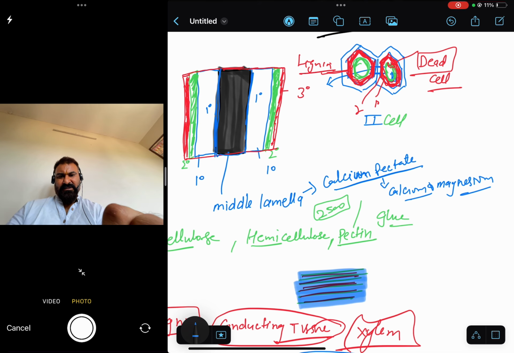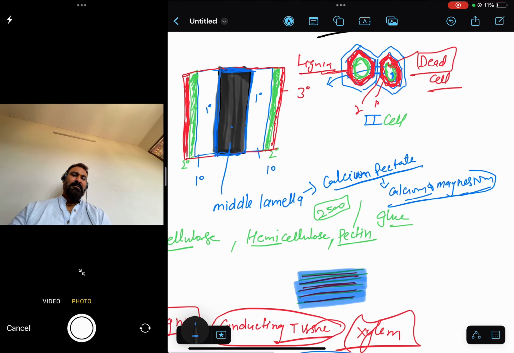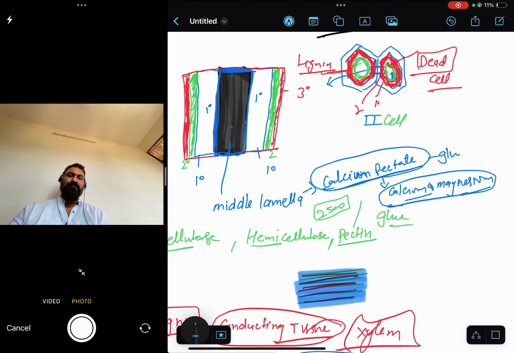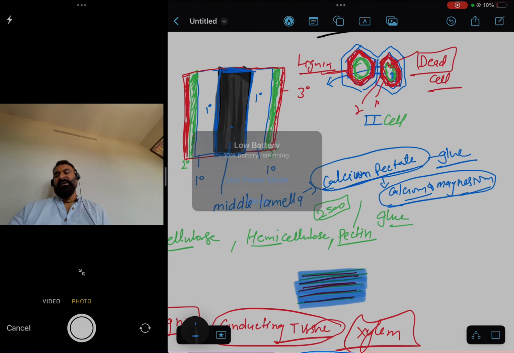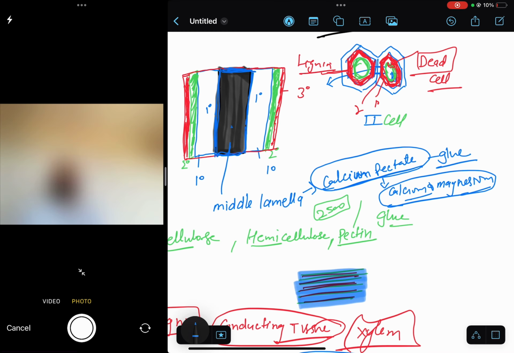Primary cell walls are attached to each other with the help of this middle lamella, that is calcium and magnesium, calcium pectate. So it acts as a glue to bind the two cell walls together.